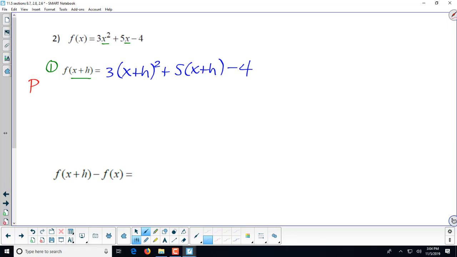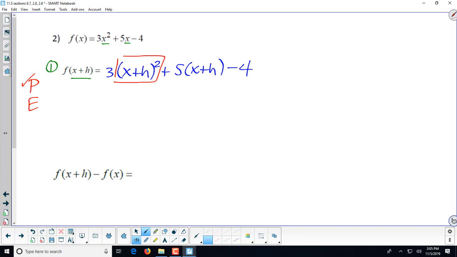Exponents. Simplify inside parentheses, can't. Exponents, got it, right here. Square that binomial. How many terms should you end up with when you square a binomial? Three. It's a trinomial. It's a perfect square trinomial.